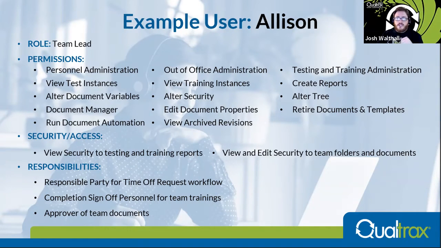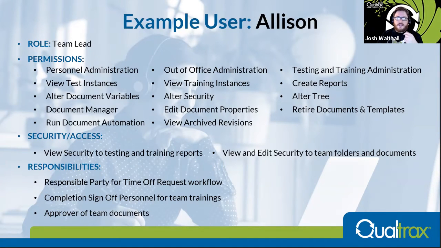She also needs to be the responsible party for the review request step of her organization's time off request workflow. To manage the out-of-office statuses for her employees, she needs the out-of-office administration permission.